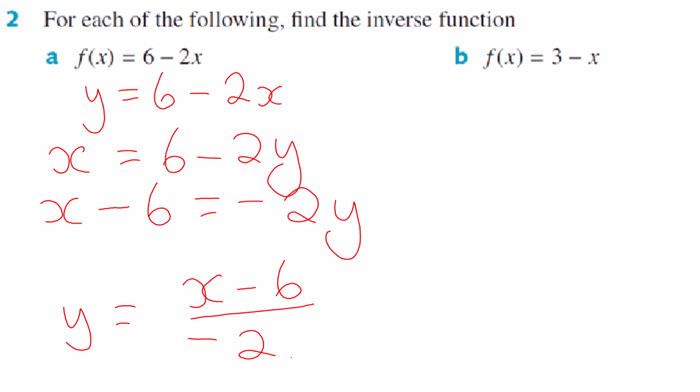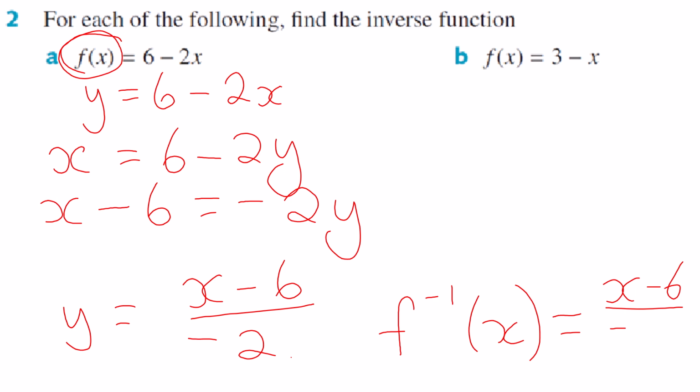Now, because they gave us the question in this format here, f of x, we want to give our answer in the same format. So we write f to the negative 1, that indicates it's the inverse function, of x equals x minus 6 divided by negative 2.